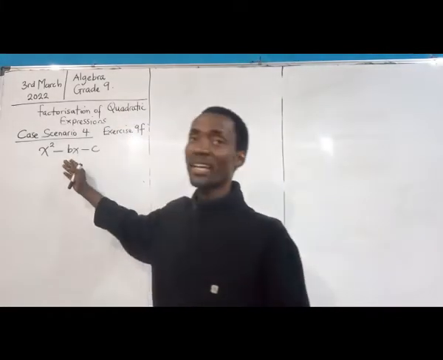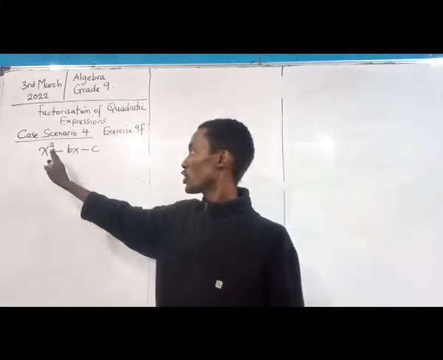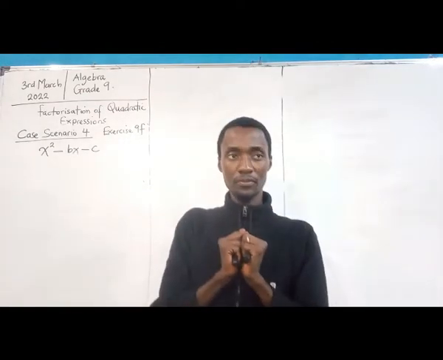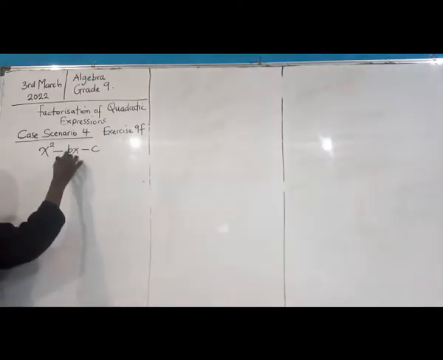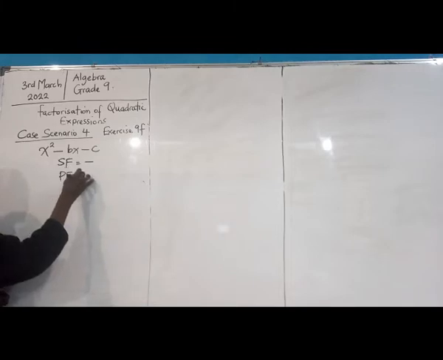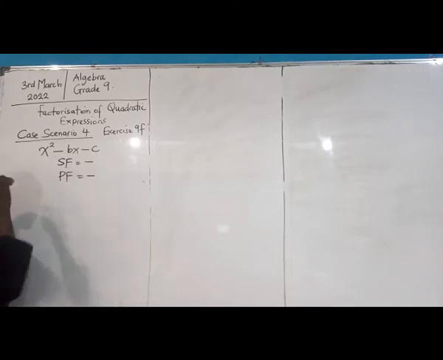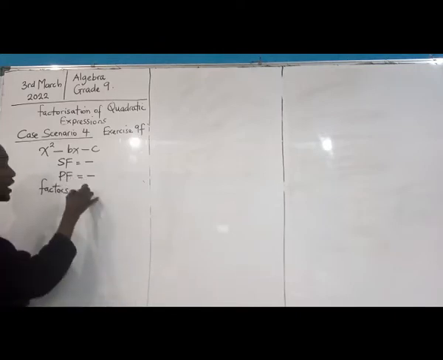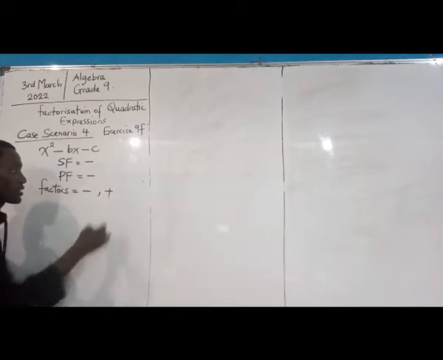Okay, we look at another case scenario where the sum and the products are both negative. Now, remember that the sum of the factors here is negative. The product of the factors is what? Negative. So, remember that if the product of the factors gives a negative, it means one is negative and one is positive.